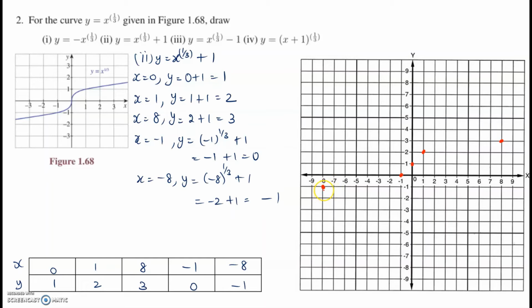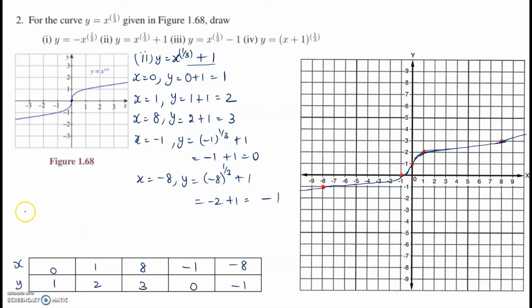So let's graph this. The graph will look something like this. Now clearly you can see that since we added 1 to the function, it has moved upward. It was 0, 0. This has moved to 0, 1, by 1 point upward.